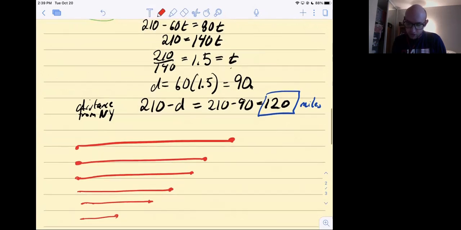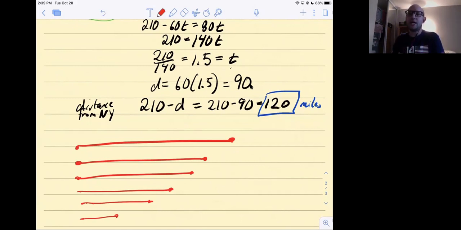And so just by thinking about relative speeds, you can bypass all of this setup and get to the simple idea that the trains are moving towards each other at 140 miles per hour. So the distance between them is shrinking at 140 miles per hour. They're 210 miles apart. It takes an hour and a half for something going 140 miles an hour to cover 210 miles.